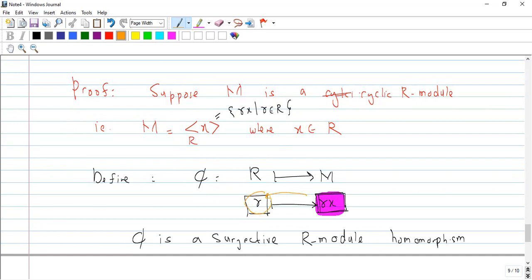So every element has a pre-image. For homomorphism, you can check that phi of r1 plus r2 is equal to phi of r1 plus phi of r2.